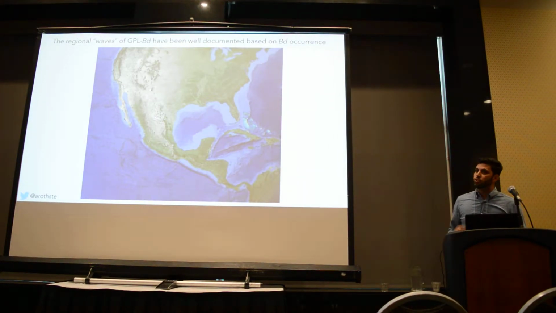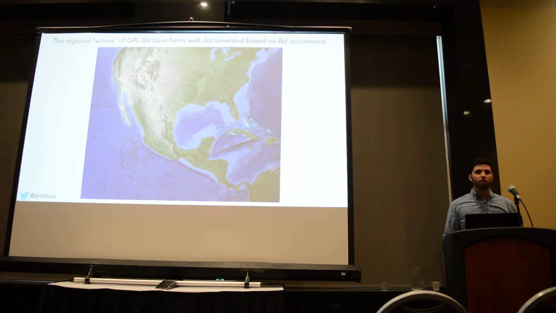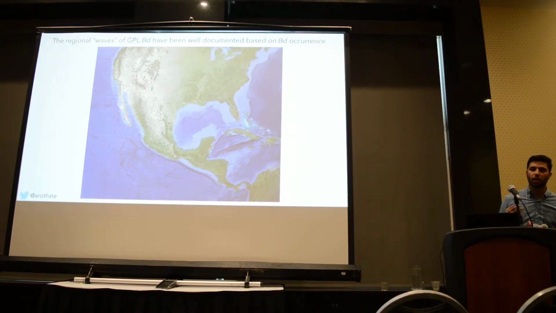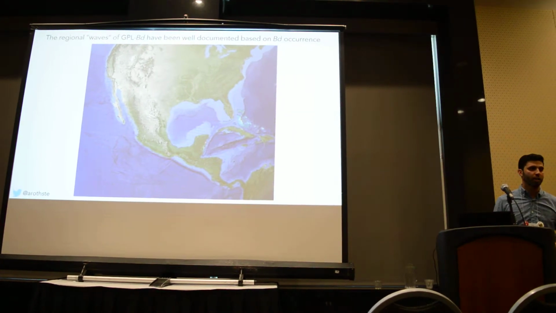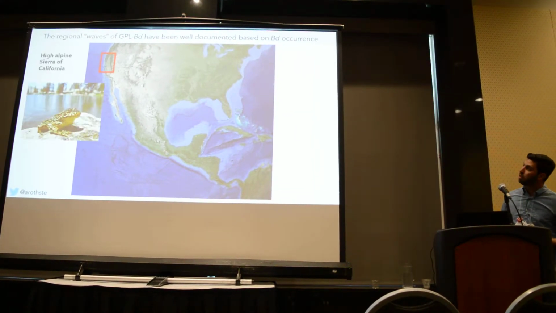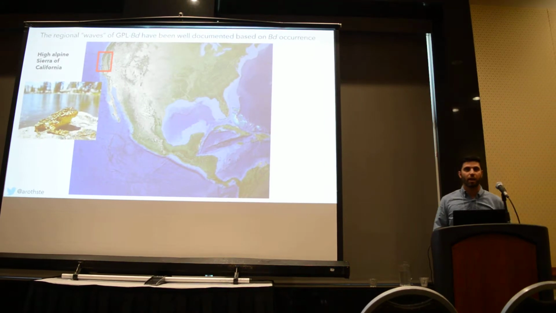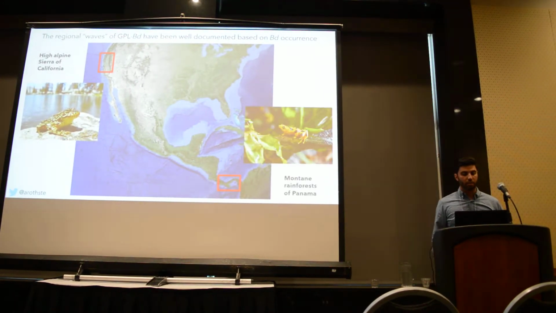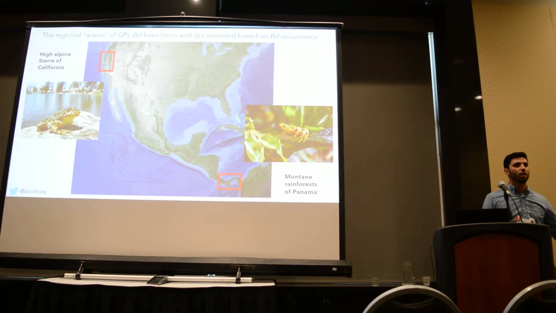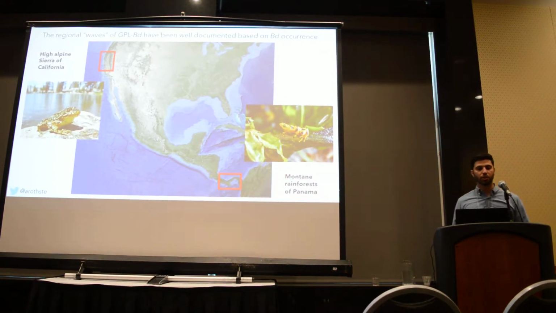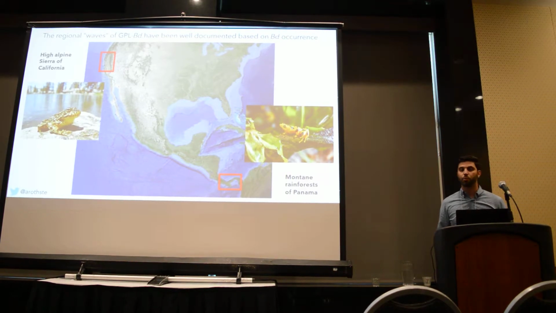During the spread, you could argue that some of the most iconic occurrences and documentations have been in the high alpine Sierras of California, as well as in the montane rainforests of Panama. So we have well-documented cases of the wave and spread of the GPL-Bd based on Bd occurrence.